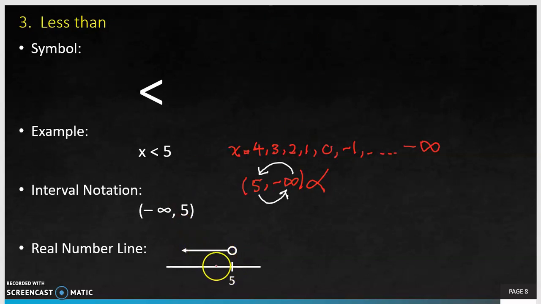Here we have 4, 3, and so on, and then we have 0, -1 until negative infinity. So if the value is getting smaller and smaller, the arrow will point to the left.